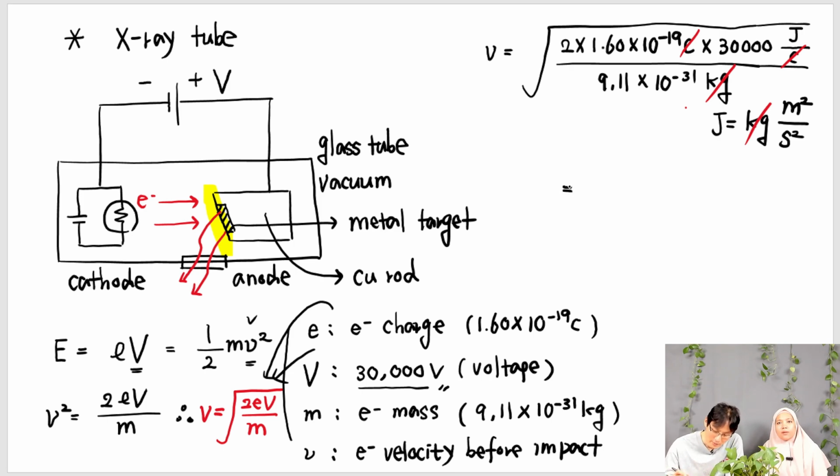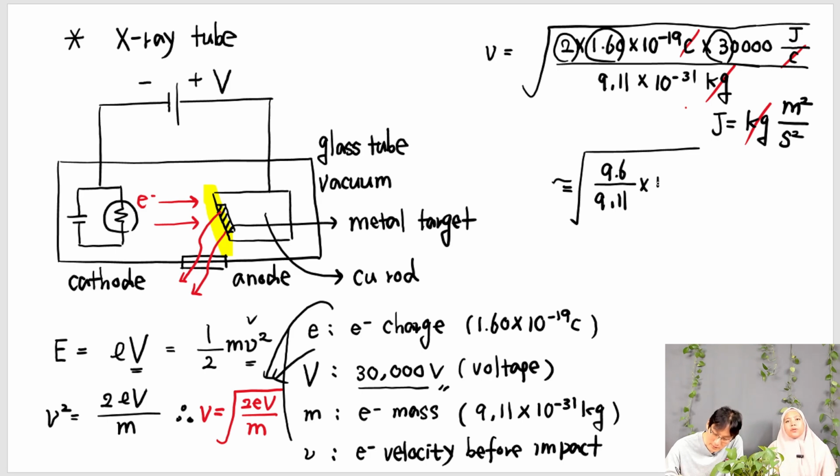Because roughly you can calculate 1.6, 3.2, 3 times, approximately 9.6, right? 9.11, yes, surely it must be the roots. Square root 10 to the minus power 19, plus 4, plus 31.